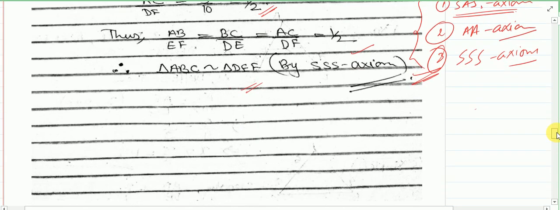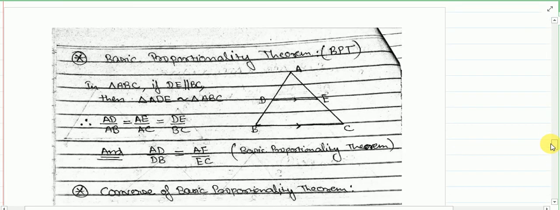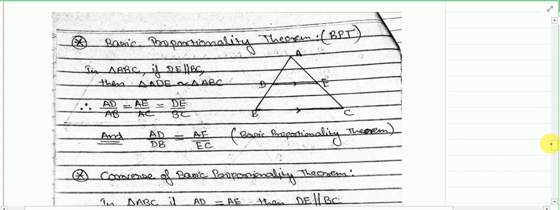now let us see next. Okay, next we have, this is very important theorem. This theorem is called basic proportionality theorem. In short, I am writing BPT. Basic proportionality theorem, in short BPT.